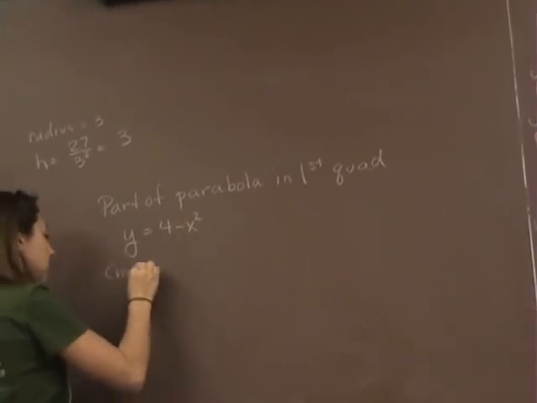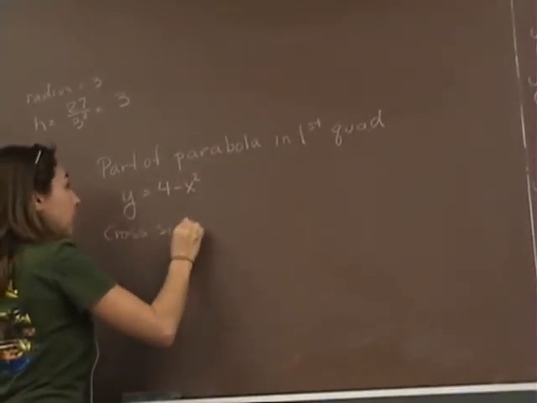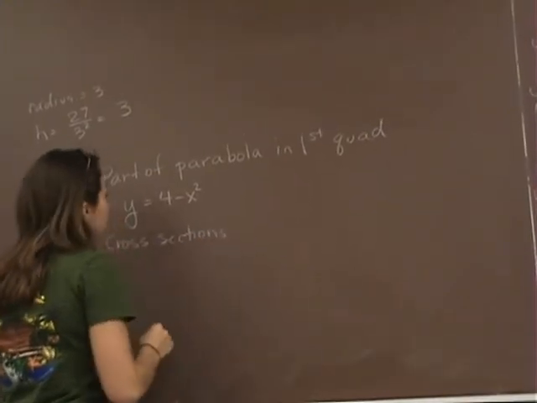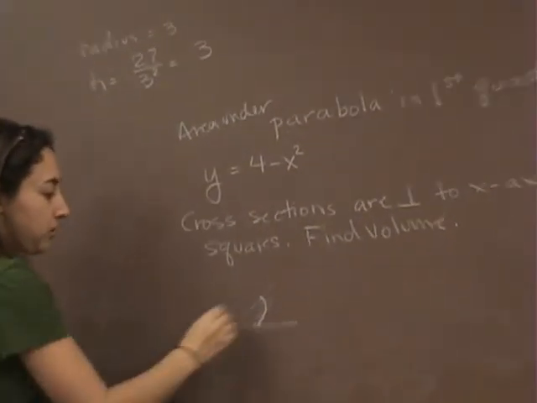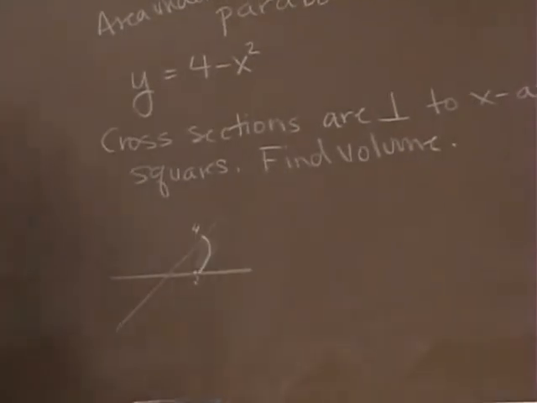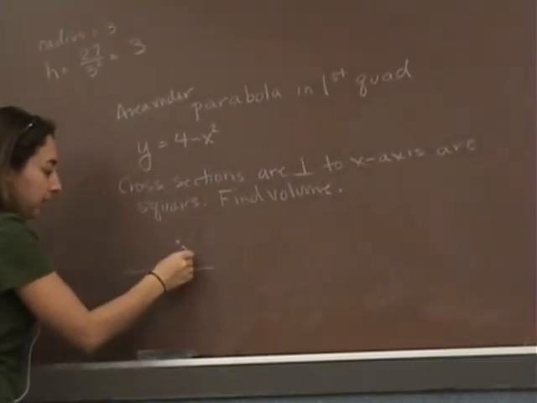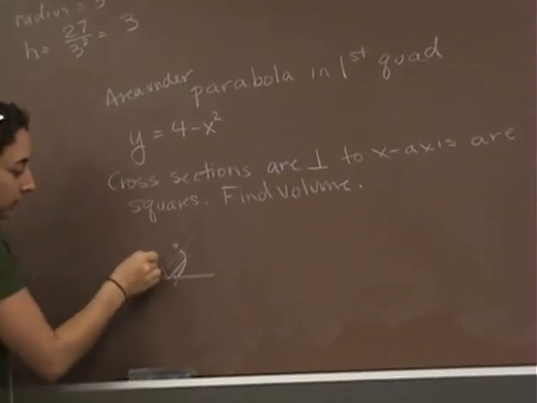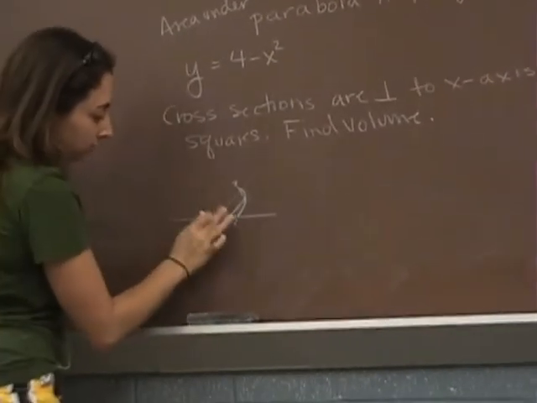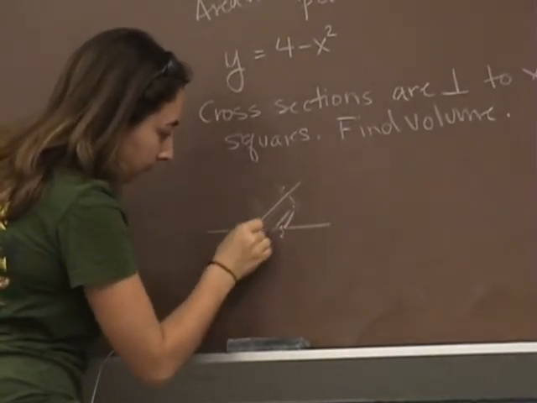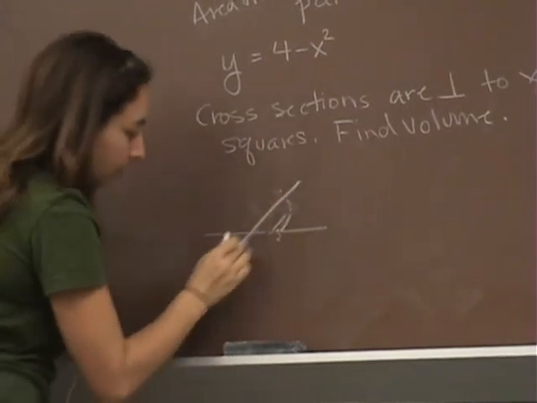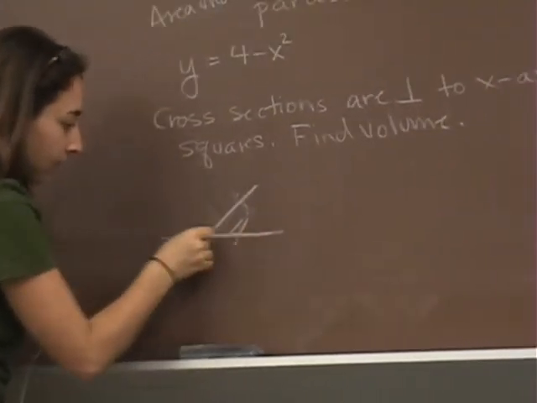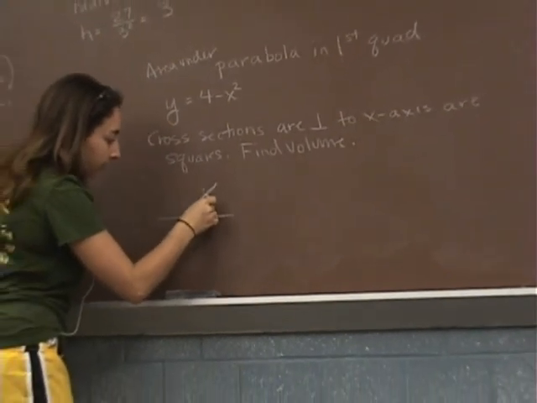Cross sections kind of look like this in that first quadrant. Here's 4, here's 2. I'm perpendicular to the x-axis, so it will look kind of like this, and when it stands up, all right, there's my parabola.